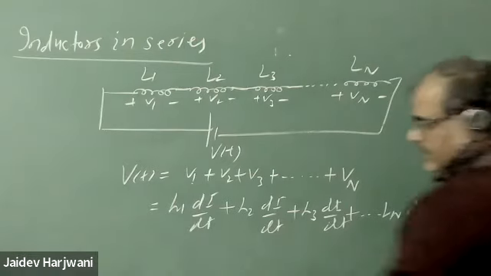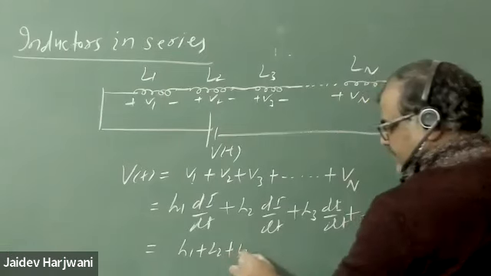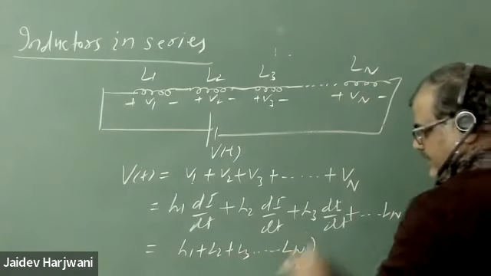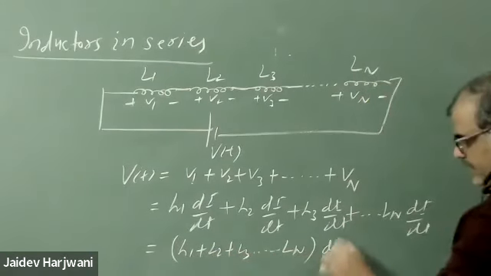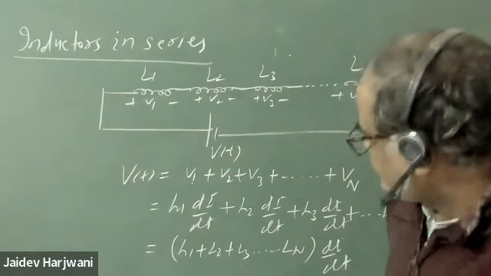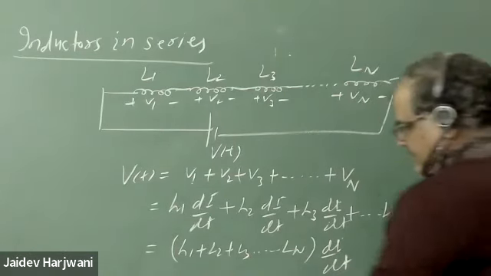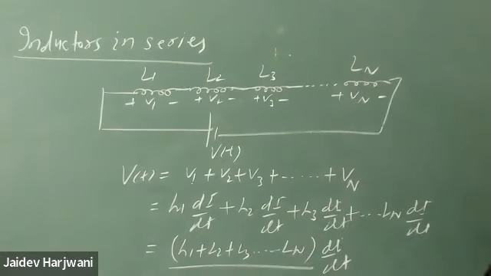If I take common, this will be L1 plus L2 plus L3 plus Ln, times di upon dt, and you can write this as L equivalent.